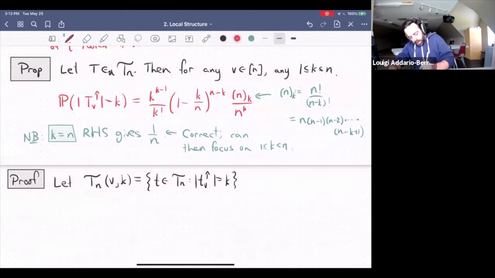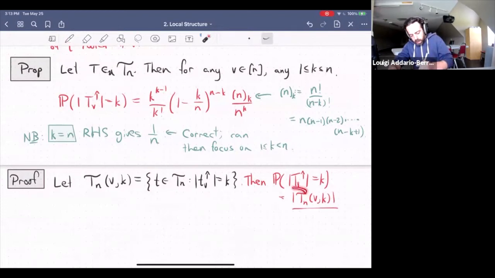Because with that definition, the probability that this random subtree has size k is just the size of this set T_{n,v,k}, the number of ways there are for us to build a tree where this particular vertex v has k vertices in its subtree, divided by all of the possible trees.